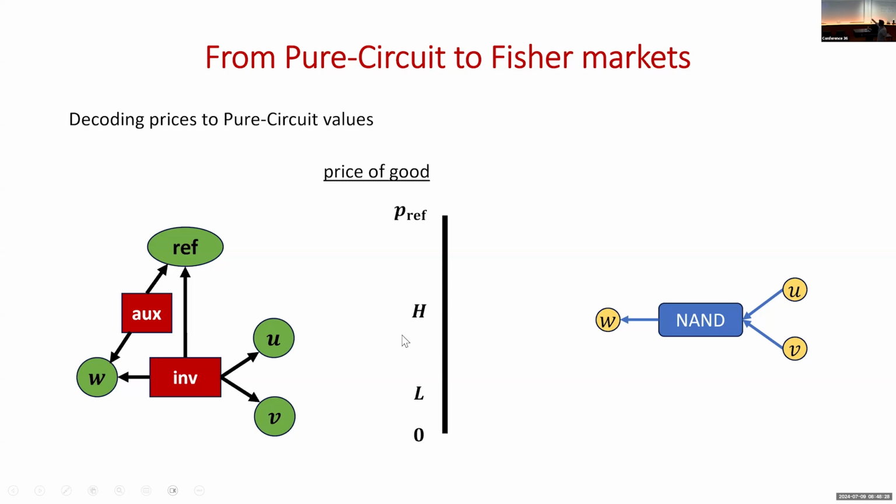There is this scale. The top is the reference good's price, and there is a high value H and a low value L for the price, and then it's zero price, of course. Depending on the price of U, we decode it as the value of the node. If it's at least H, then it's a 1. If it's at most L, then it's a 0. And if it's anything in between, it's a garbage value. This is how it looks.